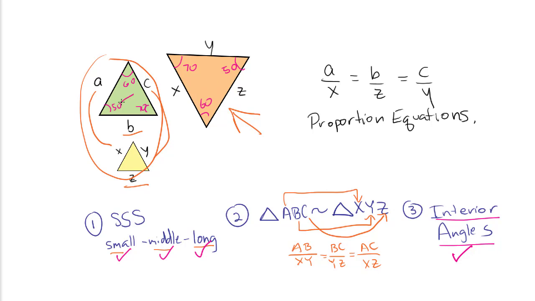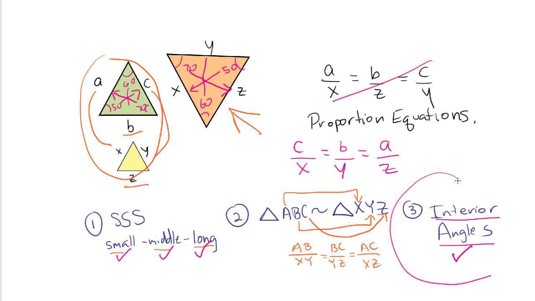The side opposite 50 here, C, will be proportional to or correspond to the side opposite 50 here, which is X. The side opposite 60, B, will correspond to the side opposite 60 in the other triangle, Y. The side opposite 70, my longest side, A, will correspond to this side opposite 70, the longest side of the other triangle, Z. So I've used my interior angles to set up small to small, middle to middle, large to large, a correct proportion equation.